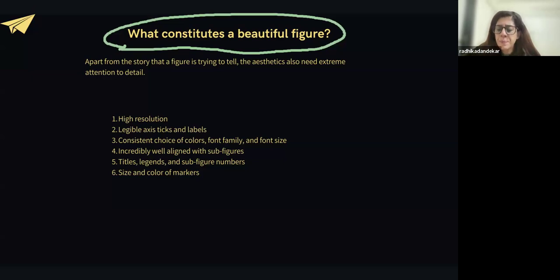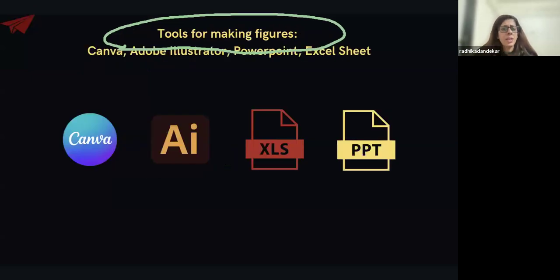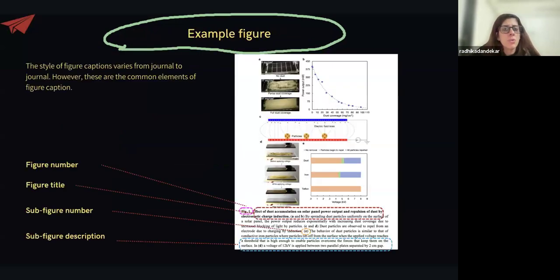You can create your figures using either Canva or Adobe Illustrator, or you can use the traditional methods like Excel or PPT. If you're using Overleaf, you can also create figures using Overleaf.